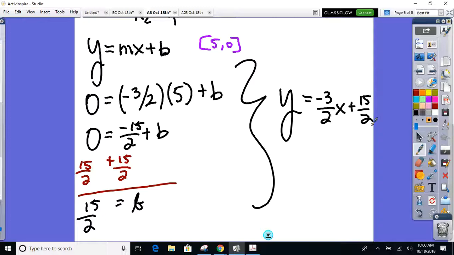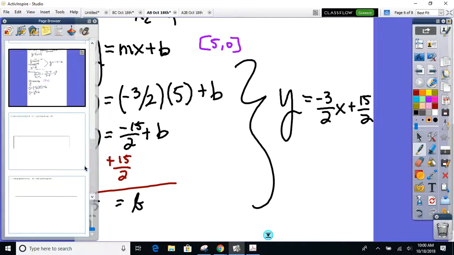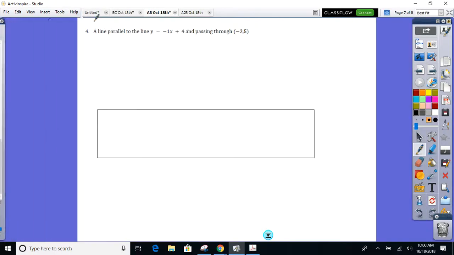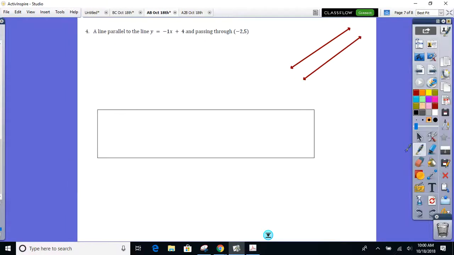Okay, and that is the topic of this unit, which is parallel lines. If you have two lines that are parallel, we know they don't intersect. Anybody remember anything about their slopes from last year? I'll just throw this out. Go ahead. They have the same slope, all right?